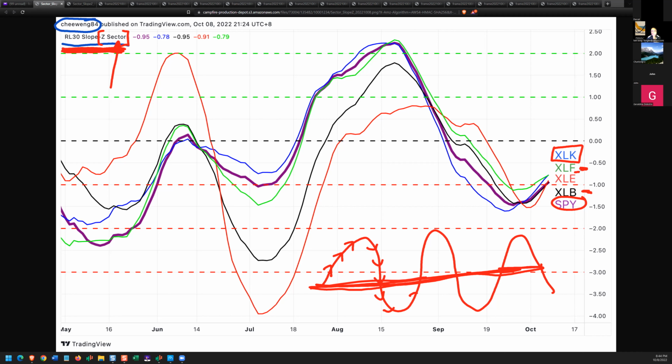Energy tends to go on its own cyclic nature, geared towards the price of oil, and that has an indirect effect on the pricing of the market and of materials and technology, which require energy, of course, as part of their ongoing costs.